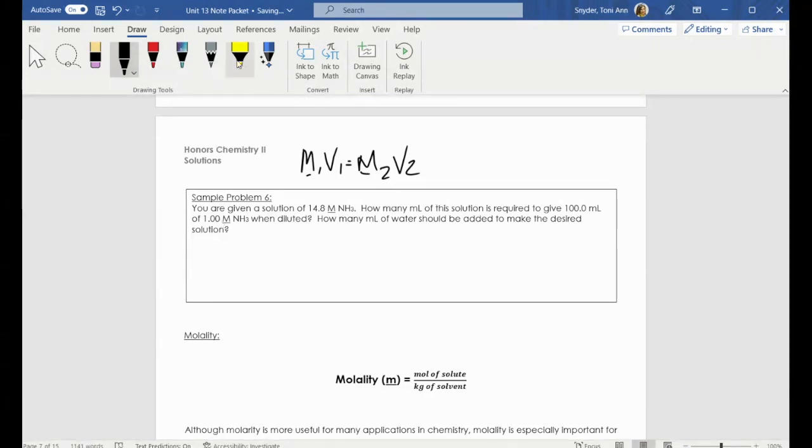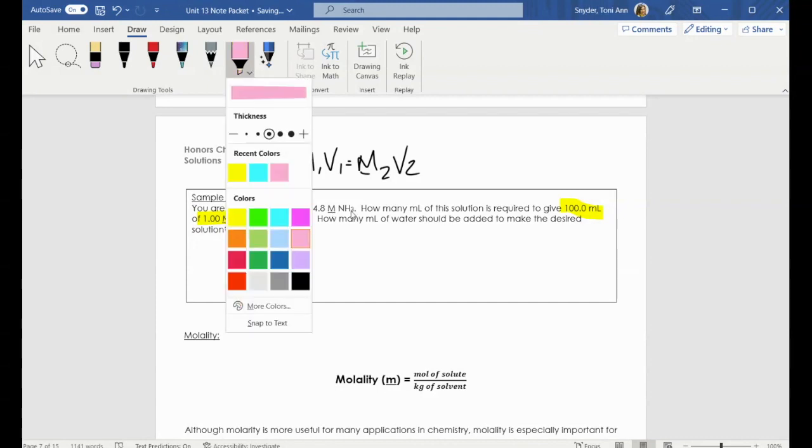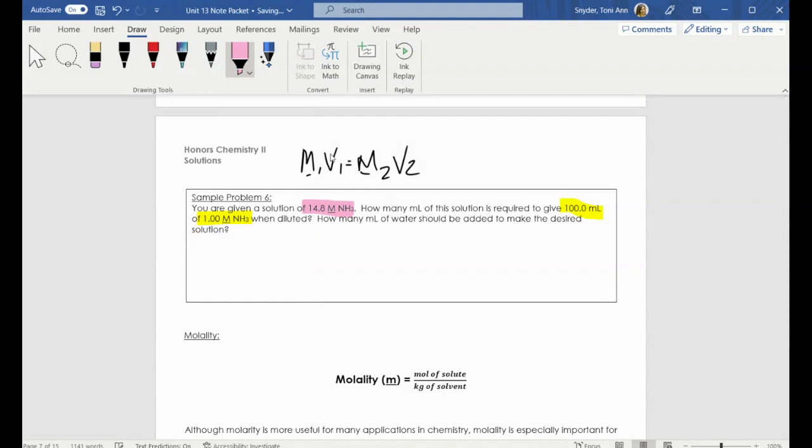So this right here, let's get a highlighter. I want 100 milliliters of 1 molar ammonia. That's going to go on one side of the equation. And on the other side, I'm going to use this 14.8 molar, and I'm going to try to find that volume. Okay.